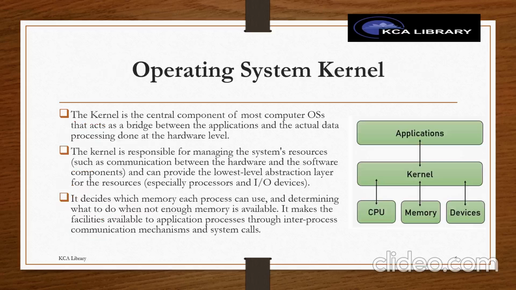The operating system kernel is a central component of a computer OS that acts as a bridge between the application and the actual data processing done at the hardware level.